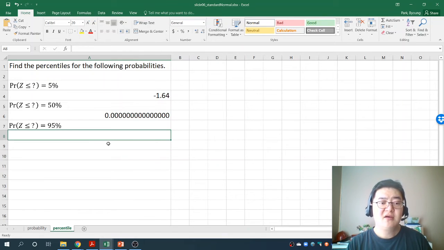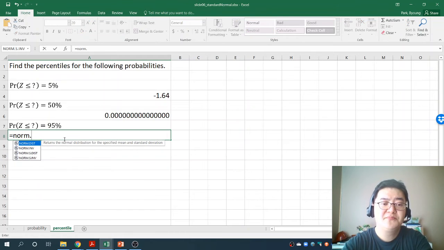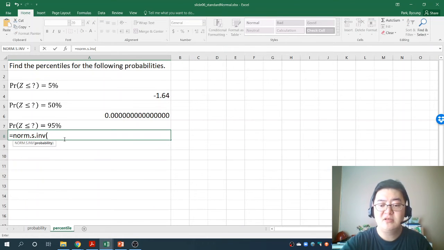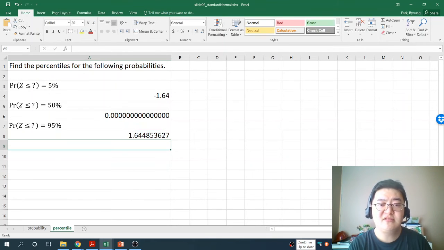And finally, what is the 95 percentile? The 95 percentile or top 5%, they are the same thing. Top 5% or the 95 percentile can be calculated in this way. And what you have is this number.